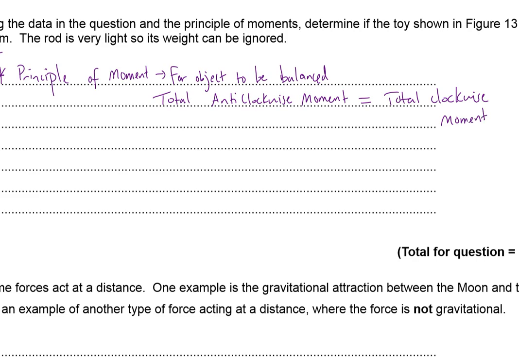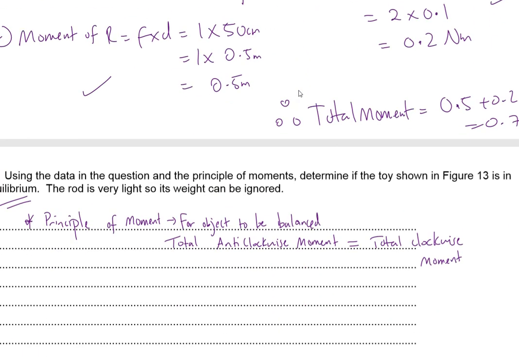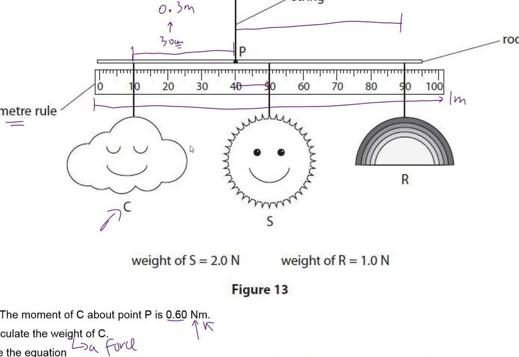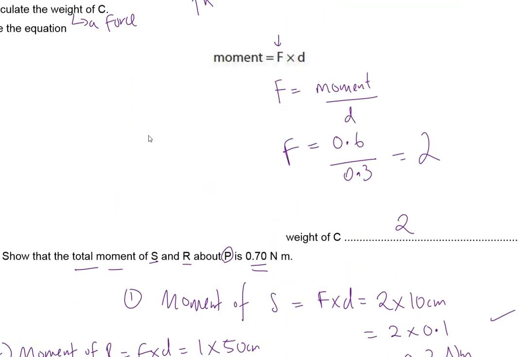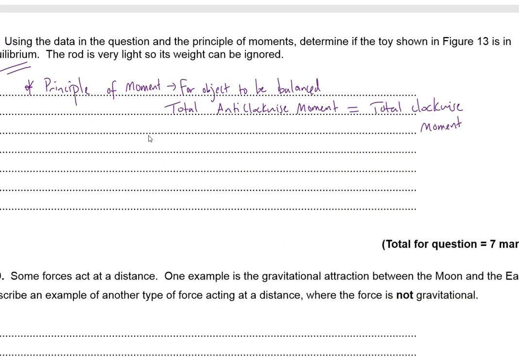So what we can do here is look at the numbers. The total anti-clockwise moment, in this case, is C. Moment of C is equal to 0.6 Newton meter. And then the moment of S and R is 0.7 Newton meter. Now they are not equal.